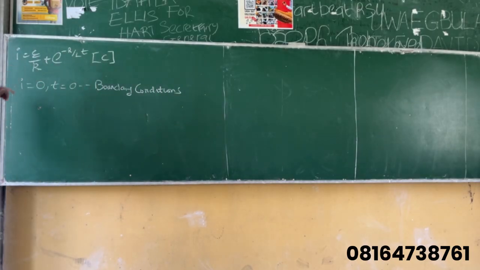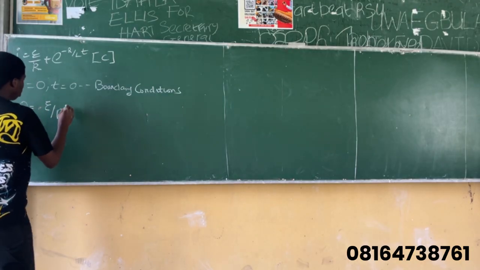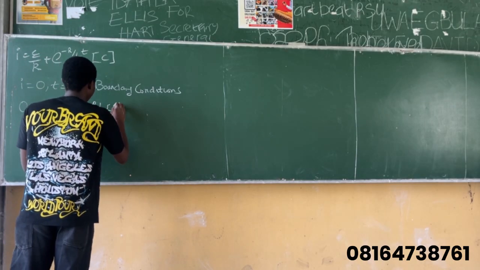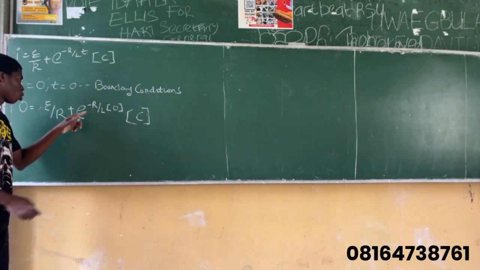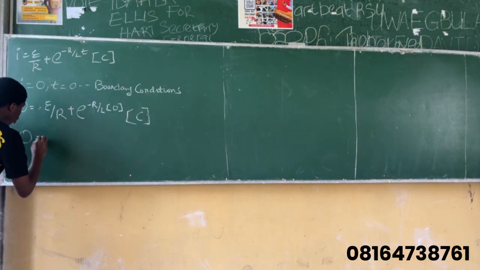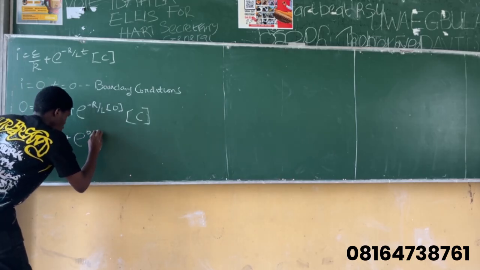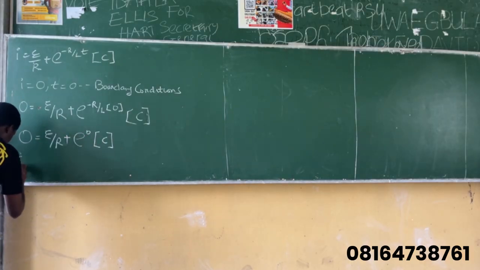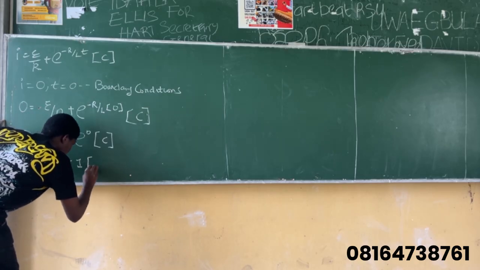Now we substitute the values. So 0 is equal to E over R plus e raised to minus R over L times 0, all multiplied by C. Minus R over L multiplied by 0 gives us 0. So 0 is equal to E over R plus e raised to power 0, all multiplied by C. Now e raised to power 0 is 1. So 0 is equal to E over R plus 1 multiplied by C.